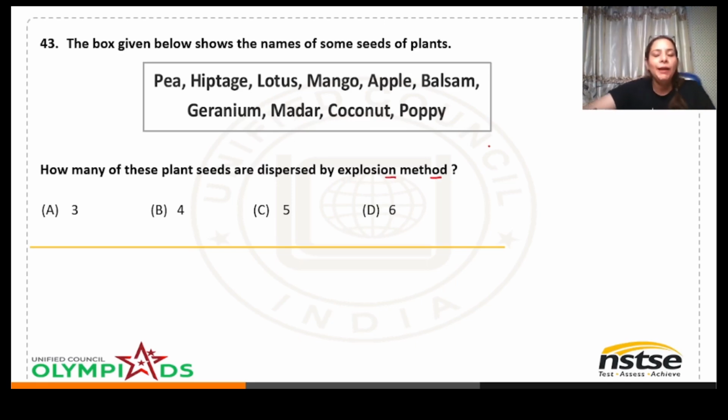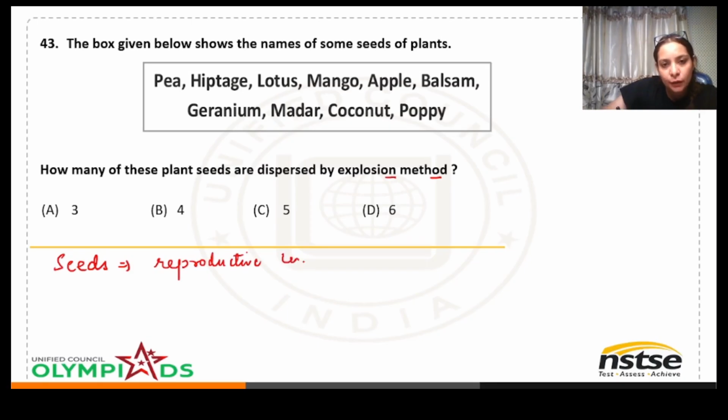Now before we go ahead with the solution, I would like to recall the concept of seed dispersion. What are seeds? Seeds are basically reproductive units. And we know that when seeds get proper conditions, they germinate.